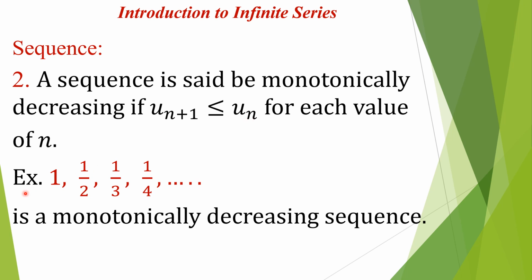So see in the example, every next number, that is 1/2, is less than the previous number, that is 1. Again 1/3 is less than 1/2. 1/4 is less than or equal to the previous number 1/3. So this we call a monotonically decreasing sequence.